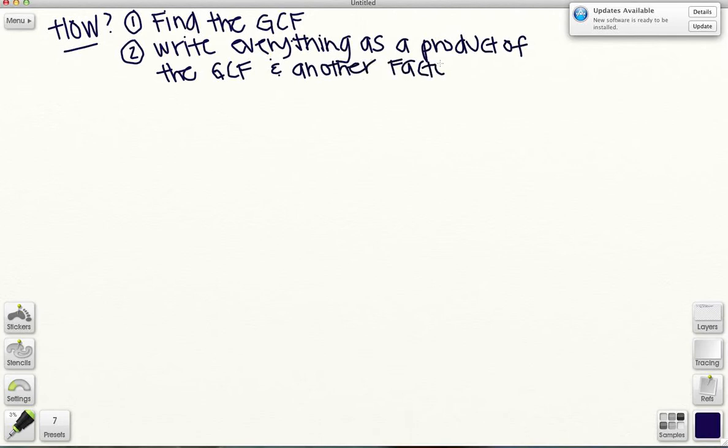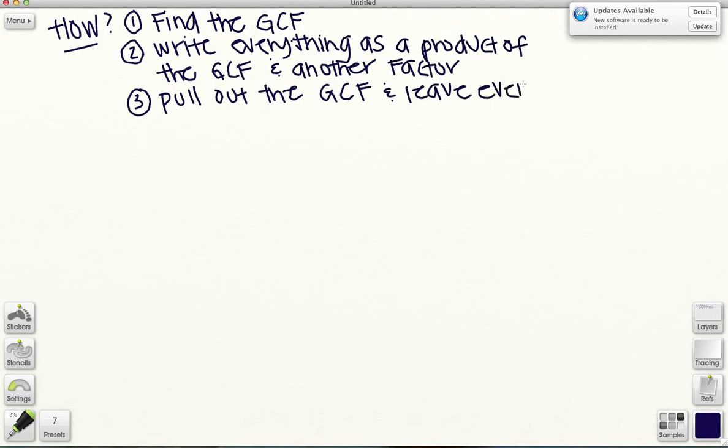And then step number 3, you're going to pull out the GCF and leave everything else behind. And when we leave it behind, we're going to leave it in parentheses. So pull out the GCF and leave everything else behind. And this is going to make more sense when we look at an example.